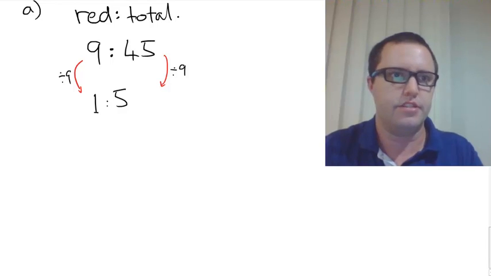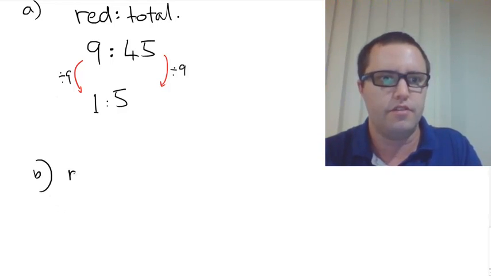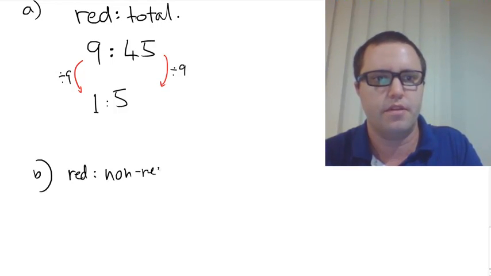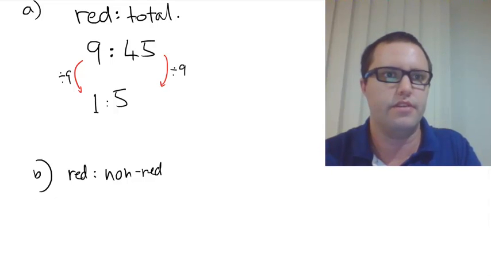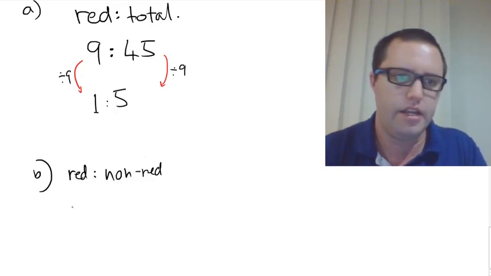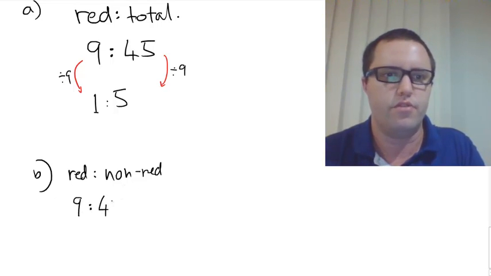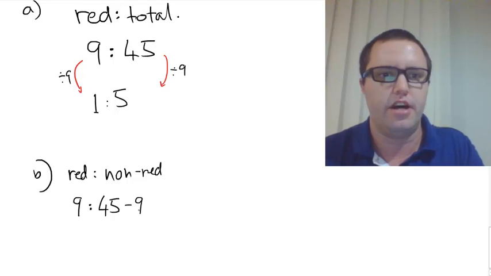Alright, now we also needed to look at the ratio of red to non-red. So doing our ratio of red to non-red, our number of red was 9, and our non-red was 45 minus 9.